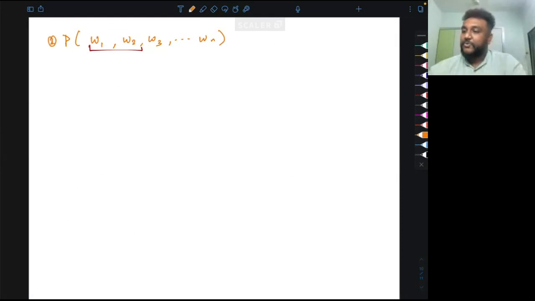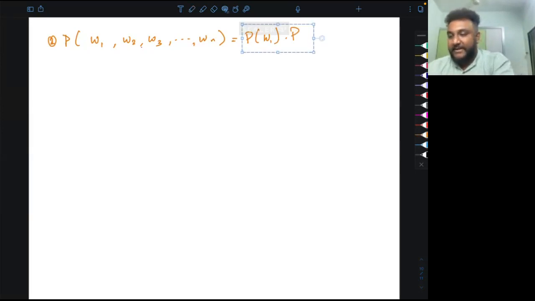So this is approach 2. Instead of writing this conditional probability P of W1, W2, W3, all the way up to Wn, instead of writing it this way, I'm going to say this is not equal to P of W1 into P of W2. Okay, let me give you a simpler example.